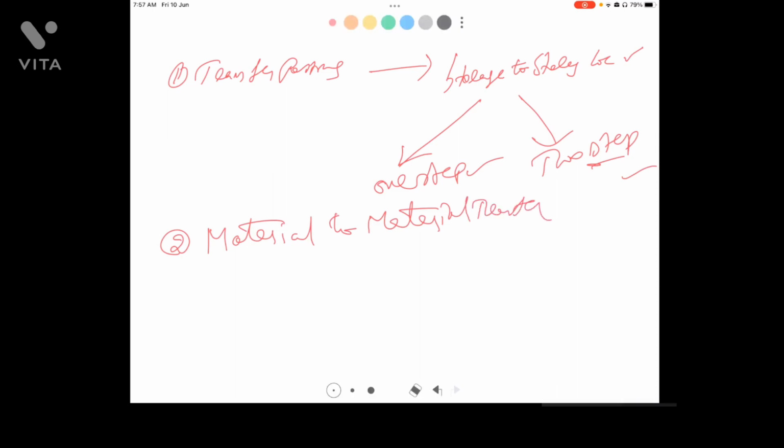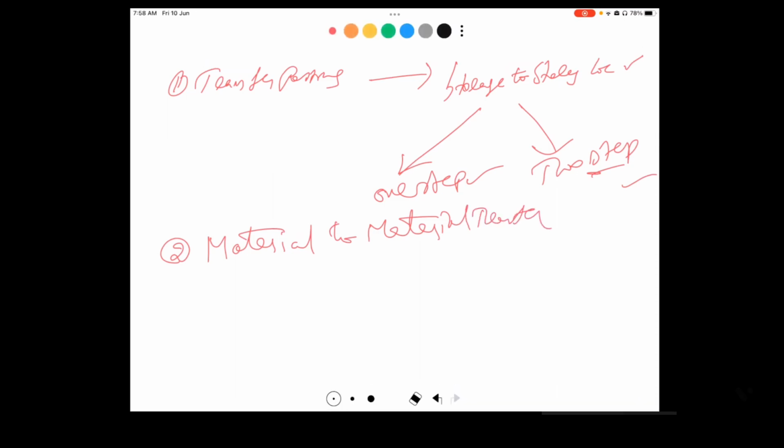Material to material transfer. Do you know? In some cases, because of the environment change or the product environment, a solid will be converted to liquid, or liquid to solid.